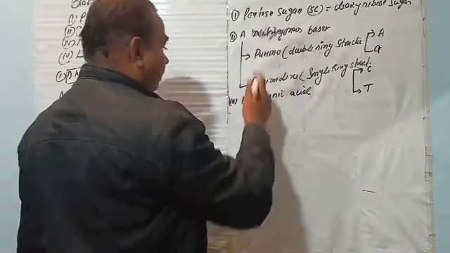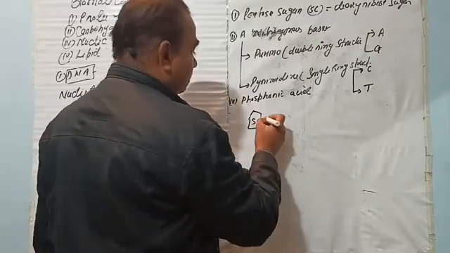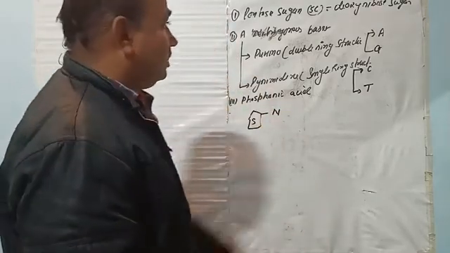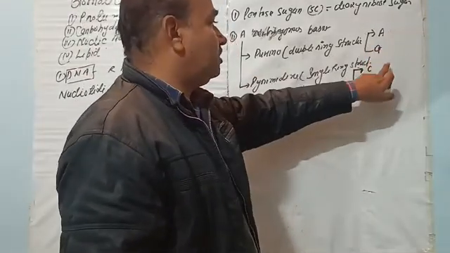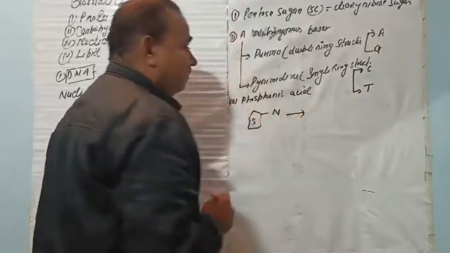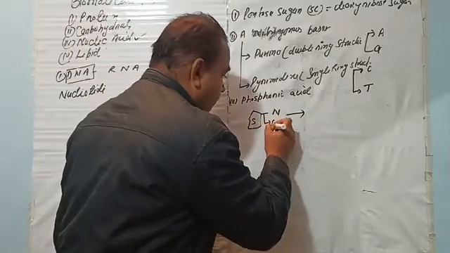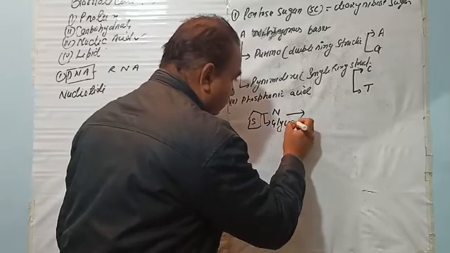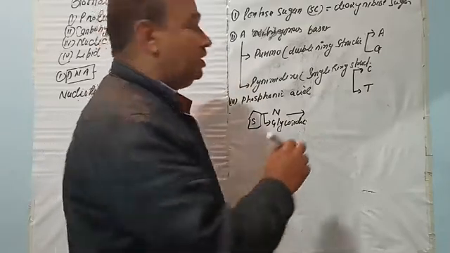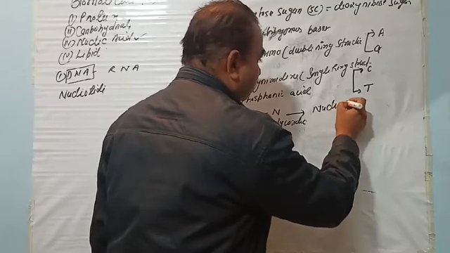First, when a pentose sugar links with a nitrogenous base, either A, G, C, or T, then a dimolecular structure is formed. Here the bond is an N-glycosidic bond, and finally a dimolecular structure is formed. This is called a nucleoside.